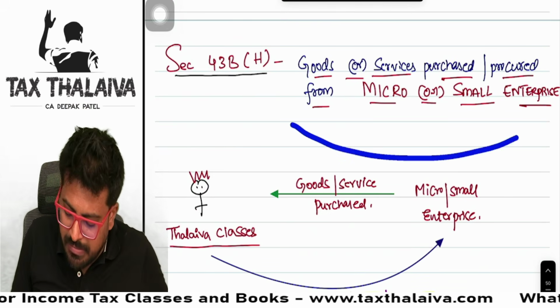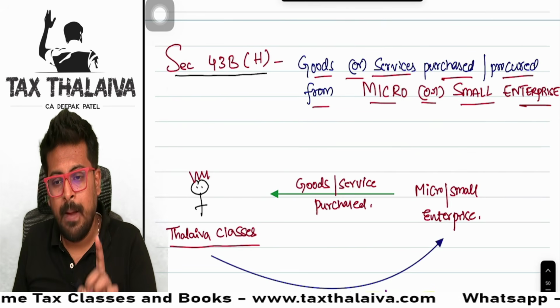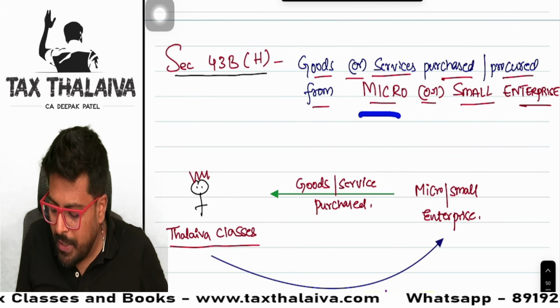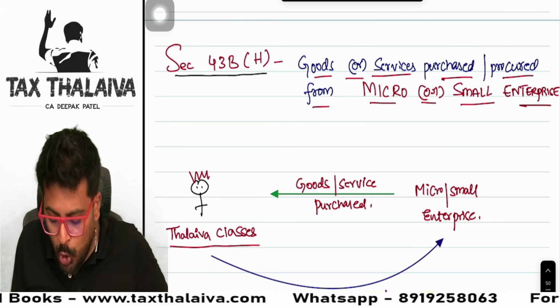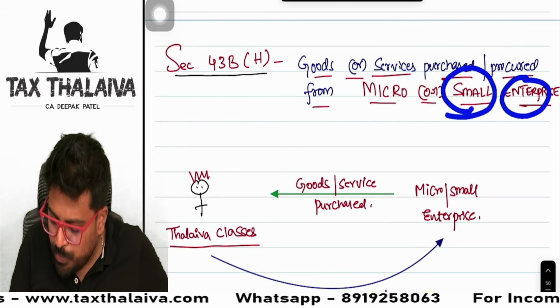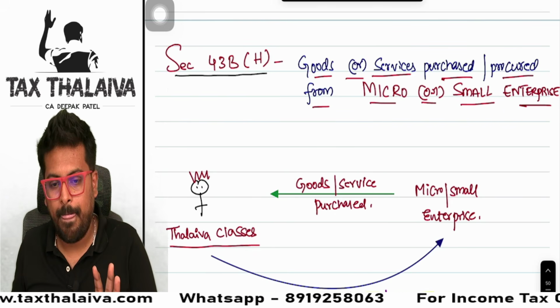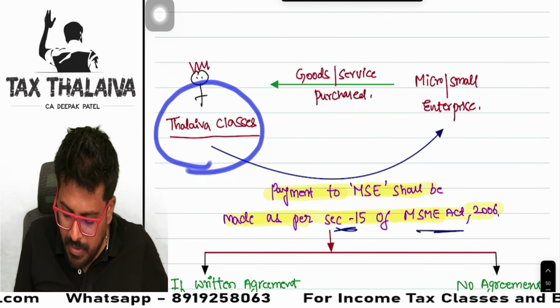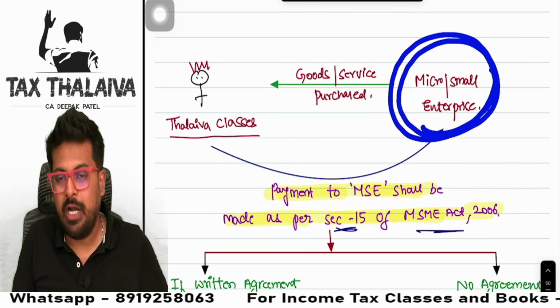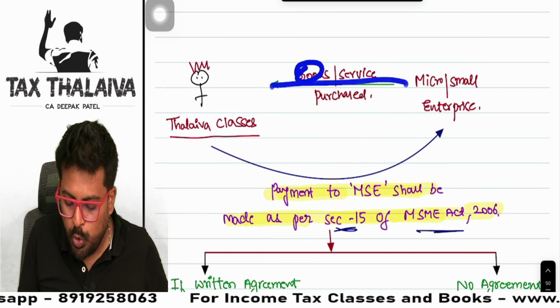Now, a lot of times this is asked in examination. Payments to micro and small enterprises. Mind you, medium enterprise is not covered here. Only payments to micro or small enterprises are covered. Guys, let's take one example. Thalaiva classes is making payment to a micro or small enterprise for purchase of any goods or services.